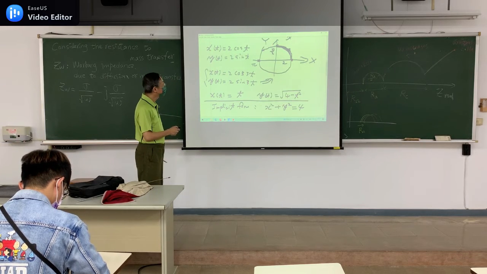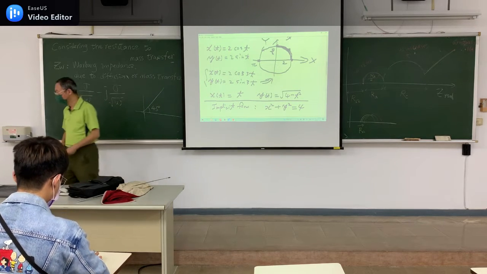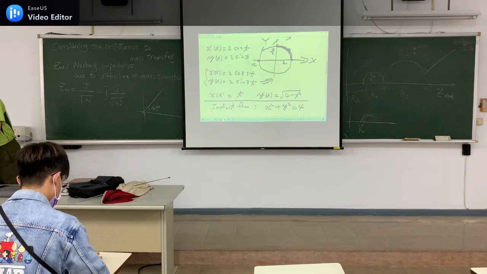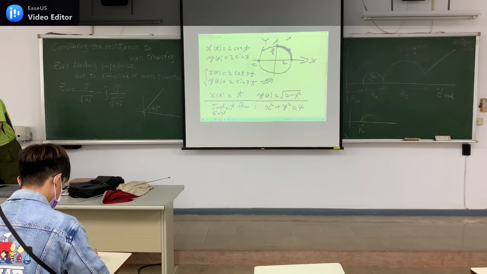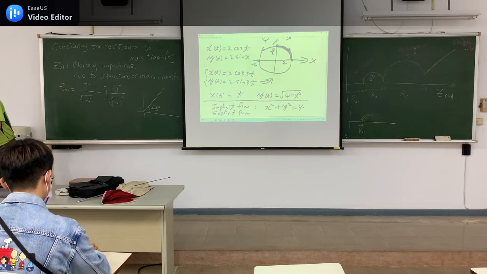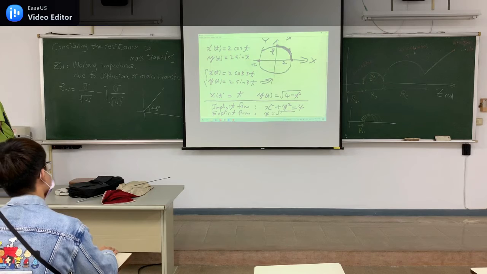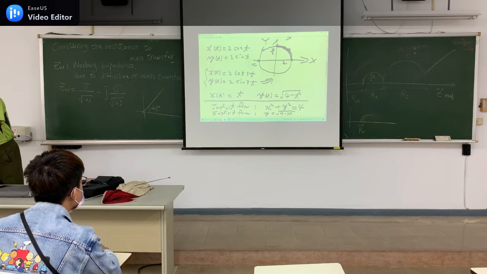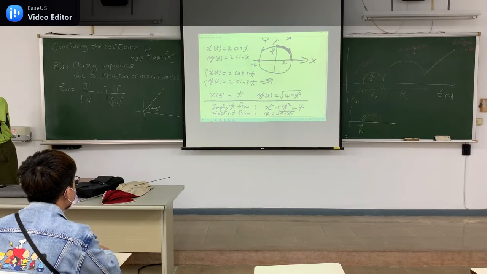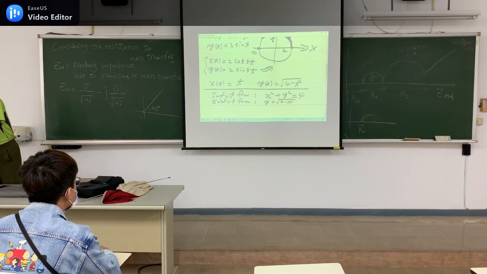On the curve, x and y have this relationship. And for explicit form, you can write y equals the square root of 4 minus x squared. Or more completely, you can write this way.